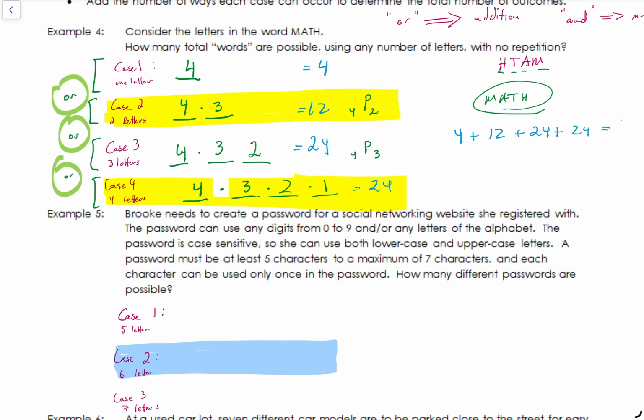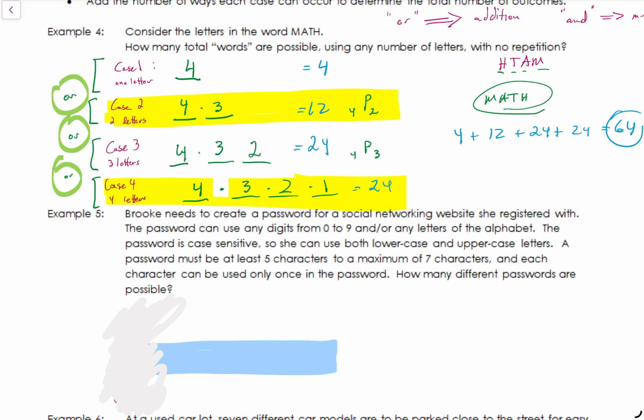Now, Brooke needs to create a password for a social networking website she is registered with. The password can use any digits from 0 to 9 and any letters of the alphabet. The password is also case sensitive, so she can use both lower and uppercase letters. Let's talk about the number of elements.